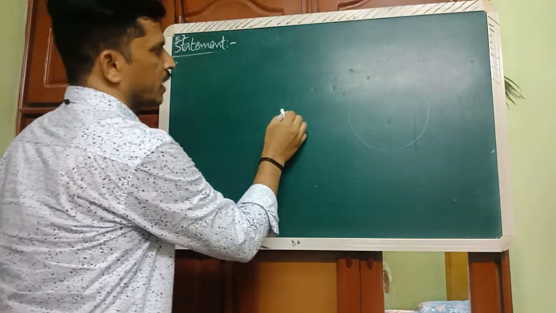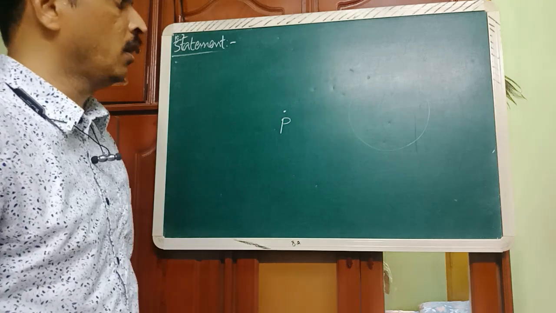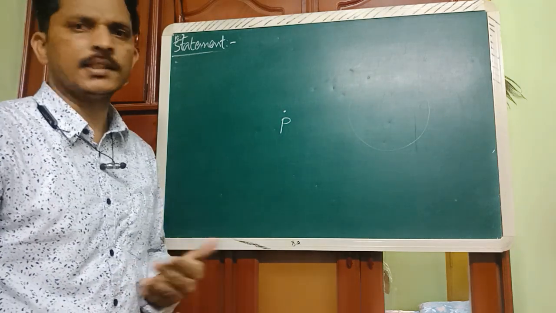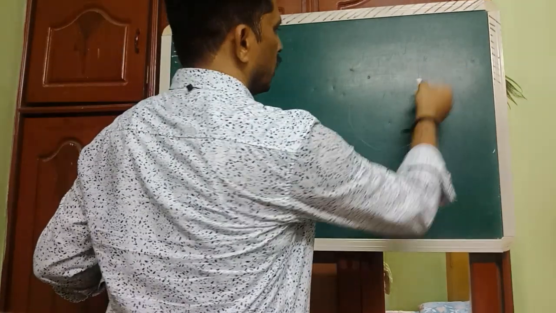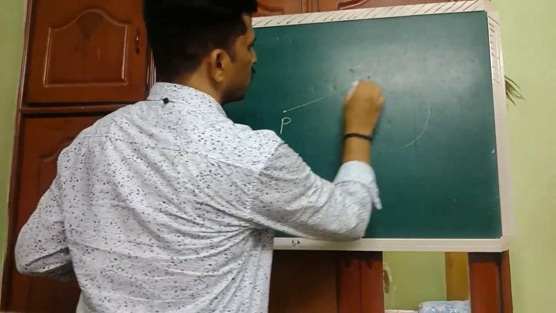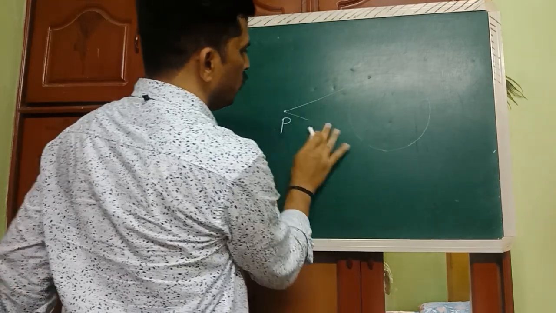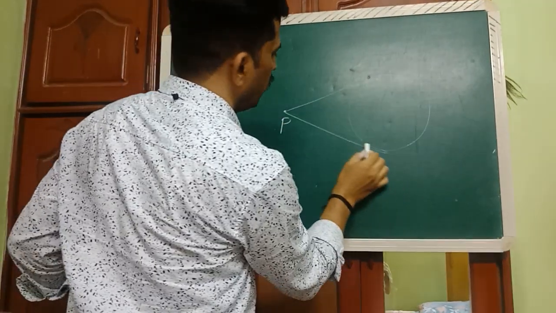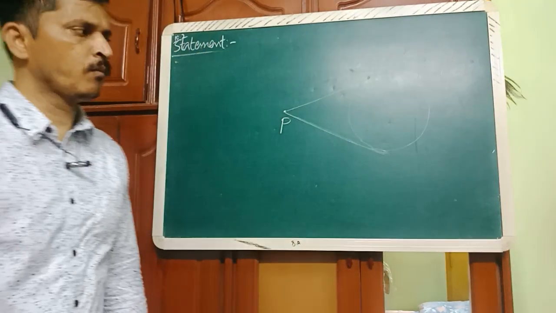Suppose they give an external point P, only one point given. How many tangents can be drawn from the external point to this circle C1? This one, this. So these two only are possible tangents to this circle.